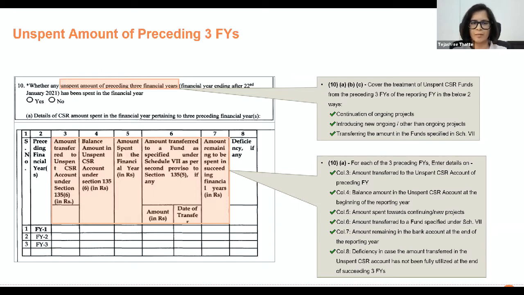In case any amount was transferred to a fund mentioned in Schedule 7, those details also need to be reported. And you have to also mention any amount remaining in the unspent CSR account at the end of the reporting financial year. If there is any unspent amount from preceding years, which has neither been utilized in any project or not even transferred to Schedule 7 fund within 3 years, the last column of deficiency is for such amounts.